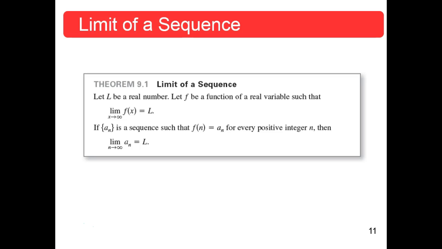So if a sub n is a sequence such that f of n is equal to a sub n, that's how you define it, for every positive integer n, then the limit as n approaches infinity of a sub n would be L.